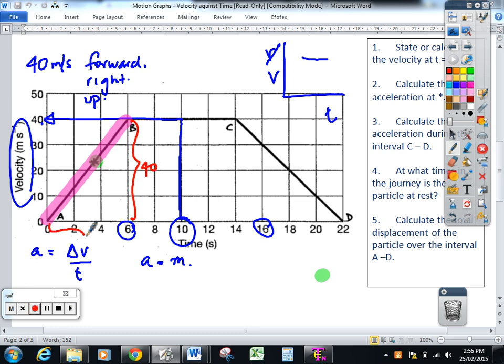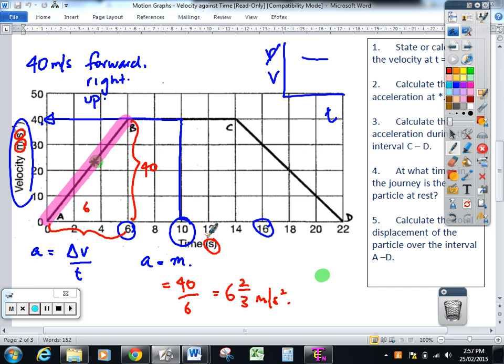And what is the horizontal run? 6. So the gradient is 40 on 6, which is 6 and 2/3 metres per second squared. Don't forget that that's the acceleration. How do I know it was metres per second squared? You just look at the units. Here is metres, here is seconds, here is seconds. So it must be metres and seconds that we're working with.